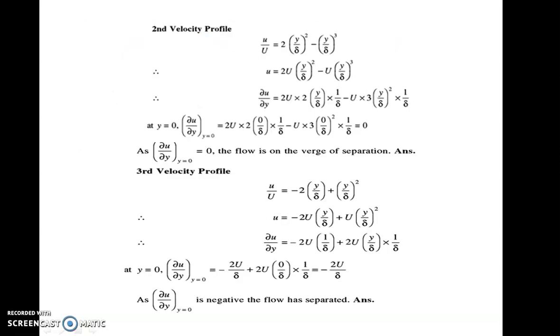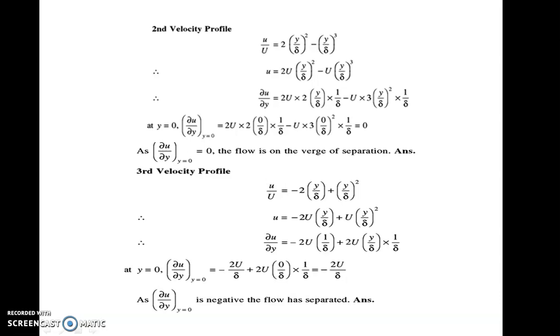Second velocity profile: u by capital U is equal to 2 into y by delta minus y by delta cube. If you solve again for dU/dy and put the value of y equal to 0 inside that differentiation, then the answer at y equal to 0 is coming 0, and that is the condition of the point of separation.